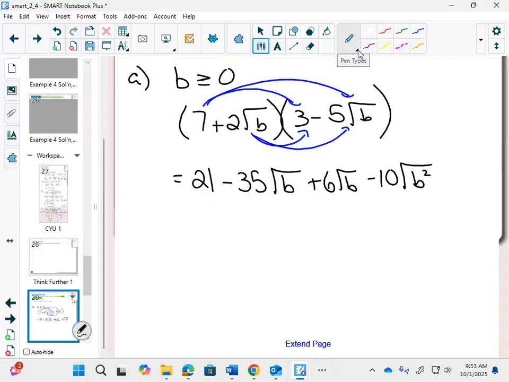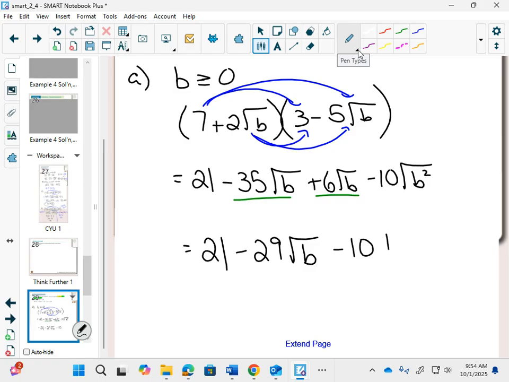So we've expanded. We still need to simplify. These two are like terms. So I'm going to get 21 minus 35 plus 6 is minus 29 square roots of b, and then minus 10b squared. Question is, do I need this b in absolute value bars?